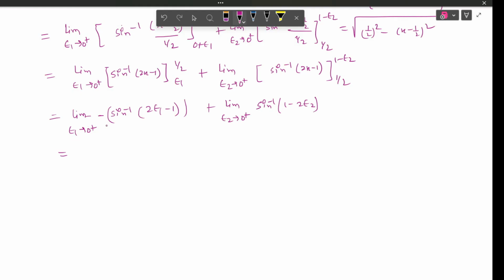Now if we put epsilon tends to 0 here, it would be sin inverse of minus 1, and sin inverse of minus 1 is minus sin inverse of 1, sin inverse of 1 is pi by 2, so we'll get pi by 2. Similarly, if you put 0 here, sin inverse 1 is pi by 2, so it will be pi. So the answer is pi.